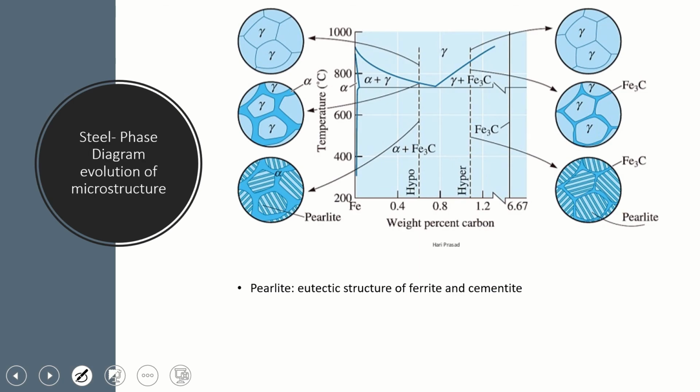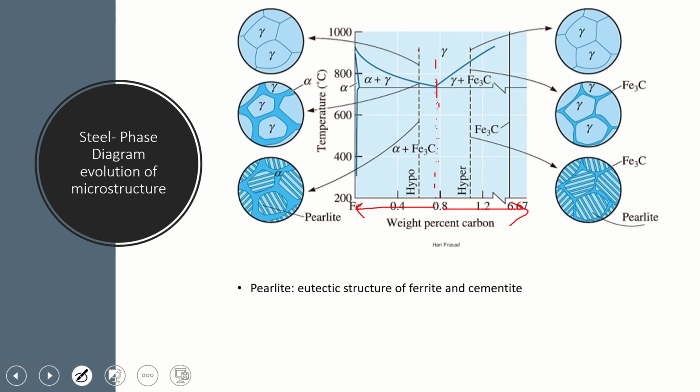So this right here, as I just said, is the eutectoid point. This area right here is hypoeutectoid, and this area right here is hypereutectoid.